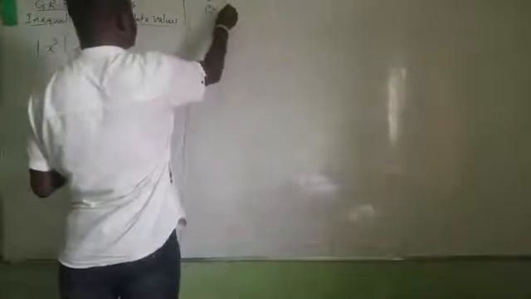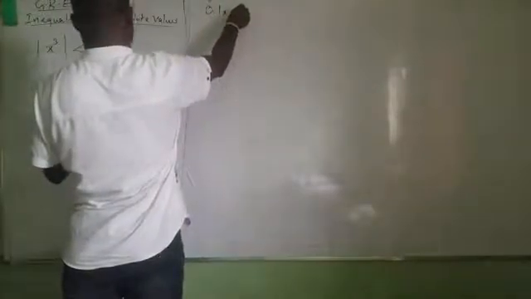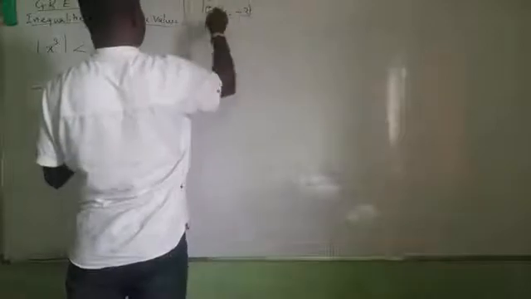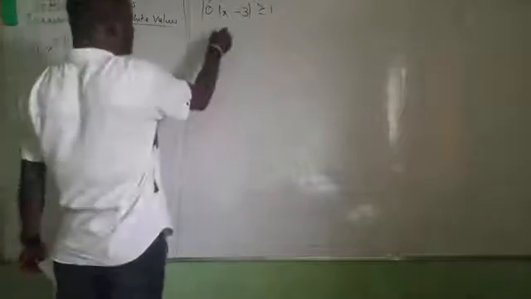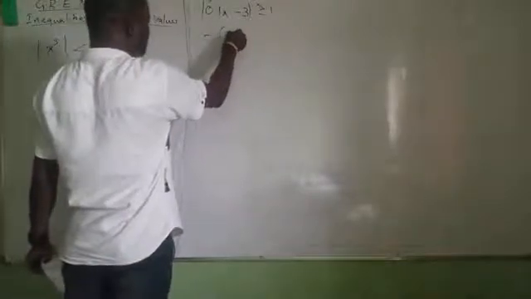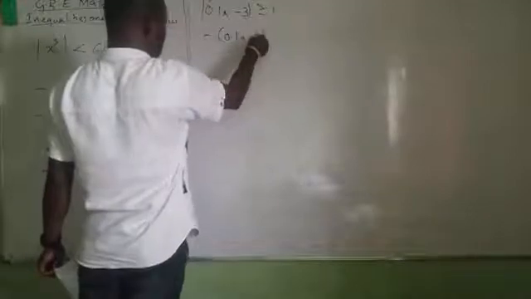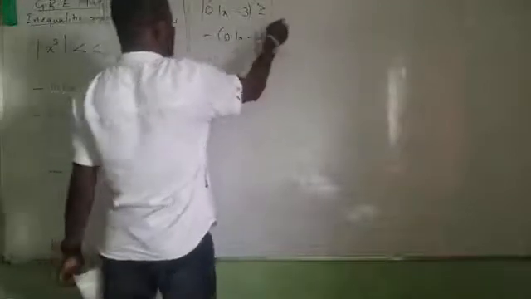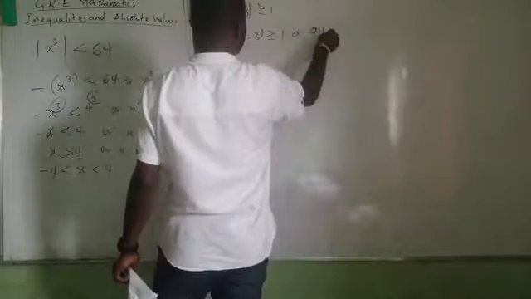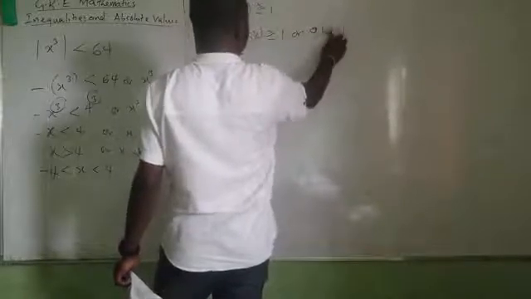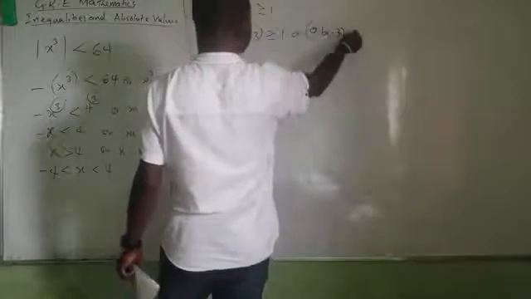Now, I have this problem, which says that the absolute value of 0.1x minus 3 is greater than or equal to 1. When you have something like this, it means minus bracket of 0.1x minus 3 can be greater than or equal to 1, or 0.1x minus 3 can be greater than or equal to 1.